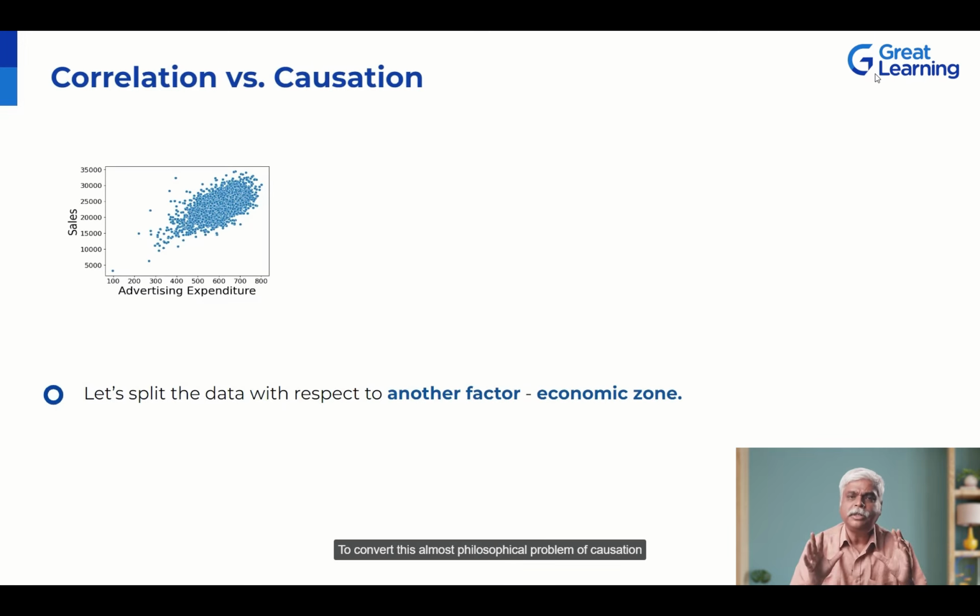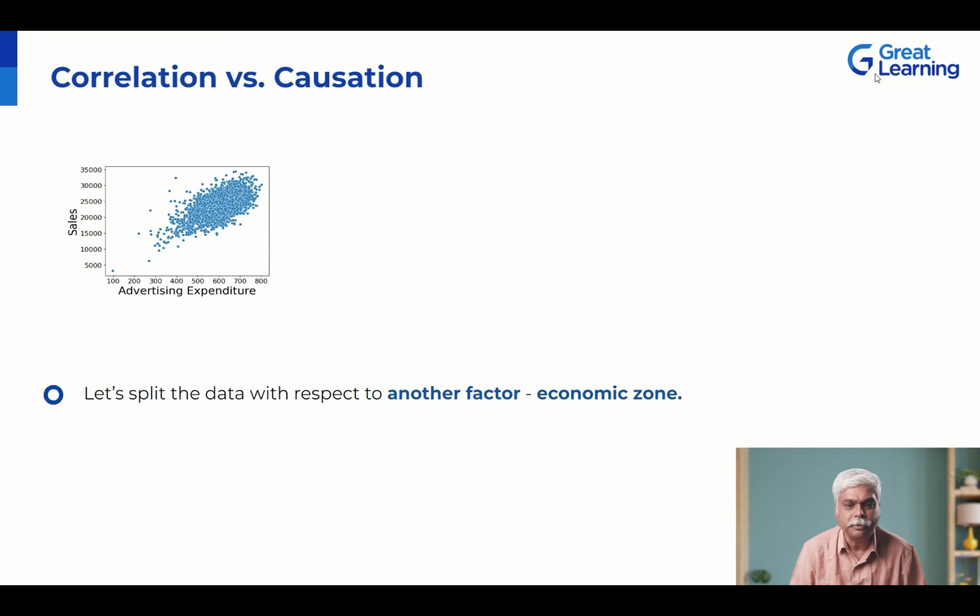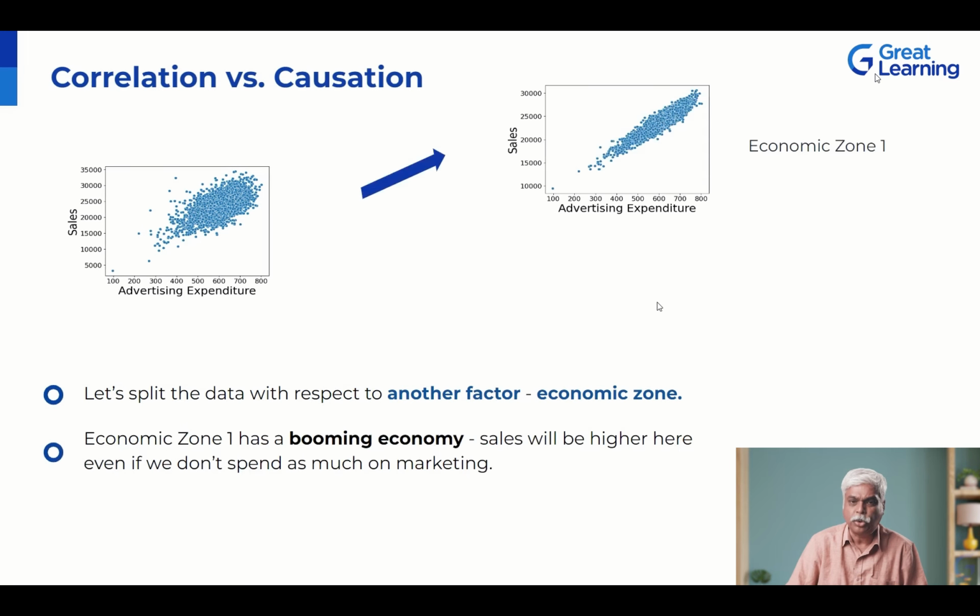To convert this almost philosophical problem of causation into something that makes statistical sense, what you can do is look at certain other variables and see whether I can tease apart a relationship that may point to something more logically causal. For example, we can look at, say, this data on sales and advertising, and let's split it into another factor, let's say an economic zone.